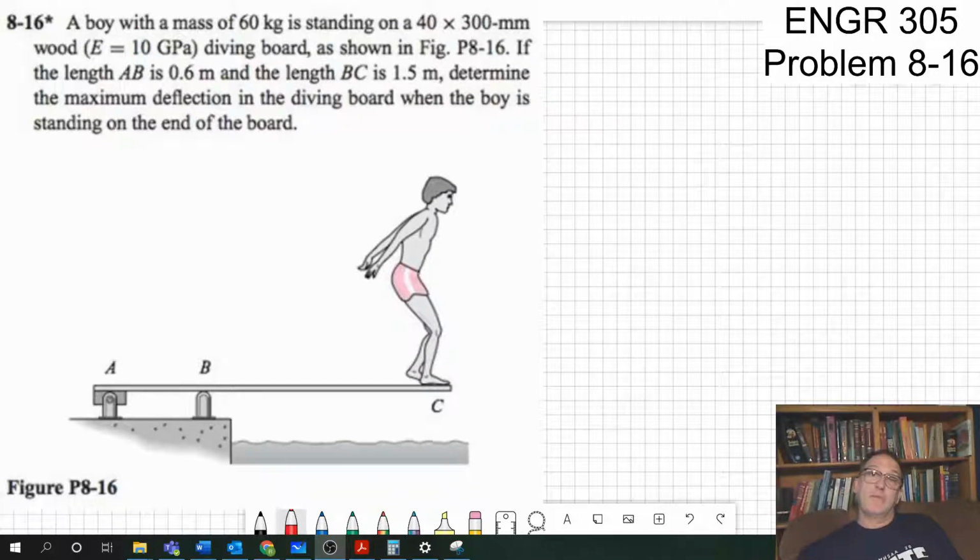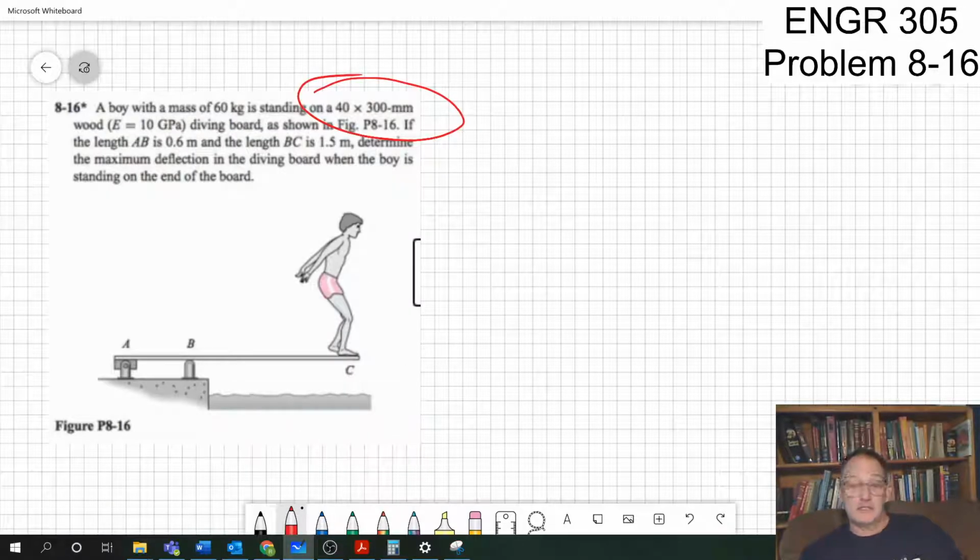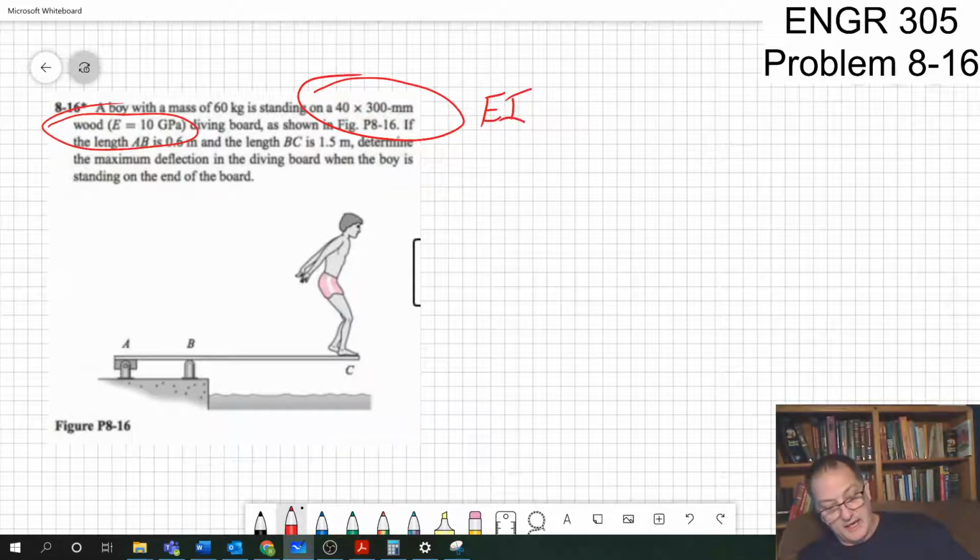A boy with a mass of 60 kilograms is standing on the end of a diving board, and it's got geometry properties and material properties. I'm working on this right below it. It's got E and I. Shouldn't be surprised, right? That's fundamental to what we're doing.